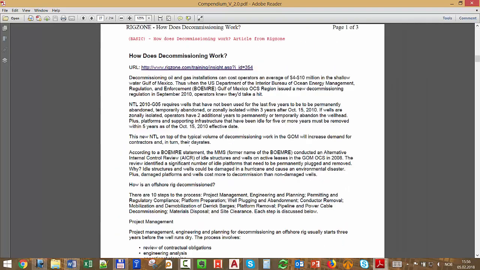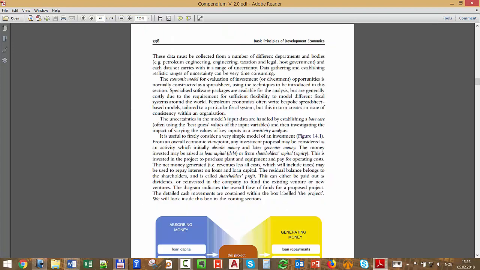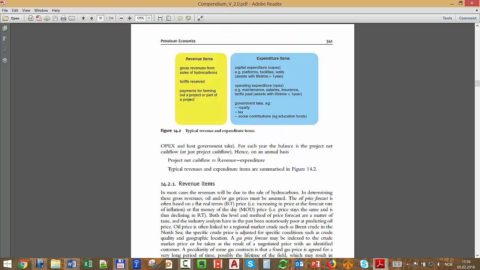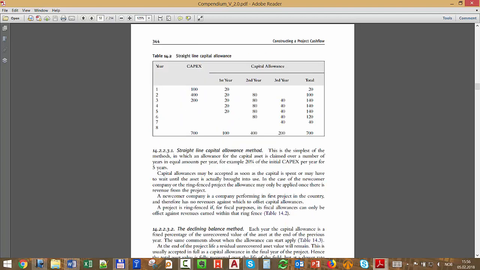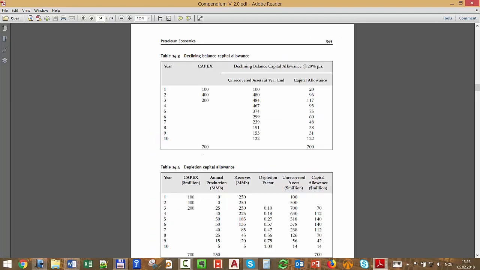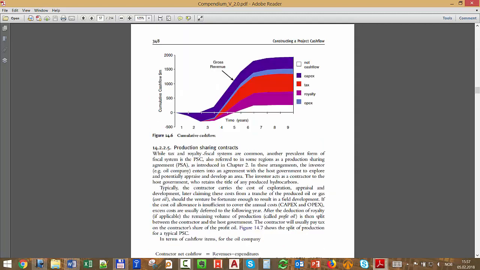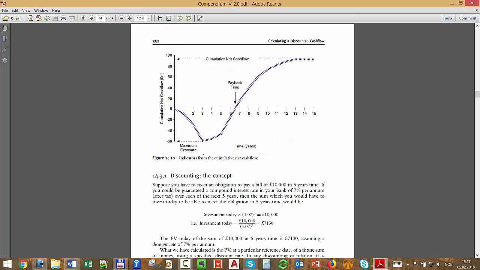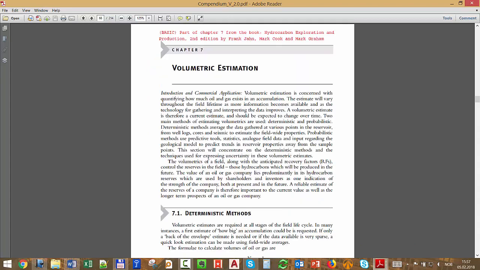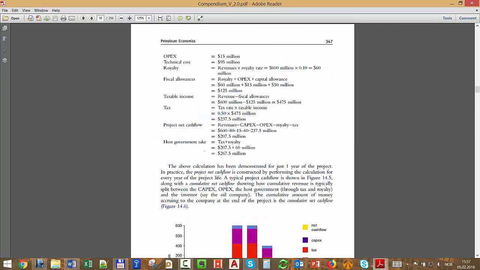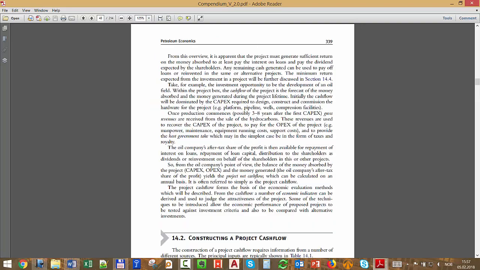Let me give you the page exactly. There are two basic methods.